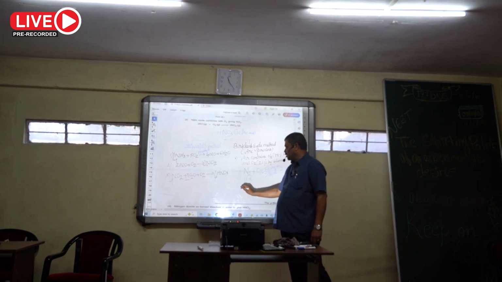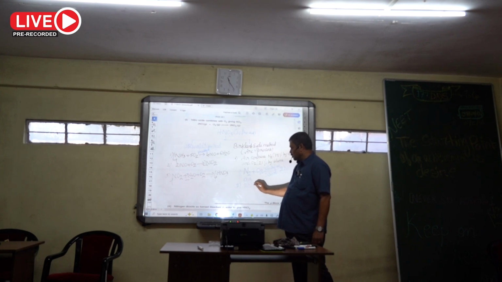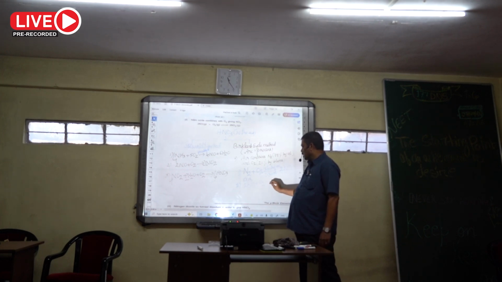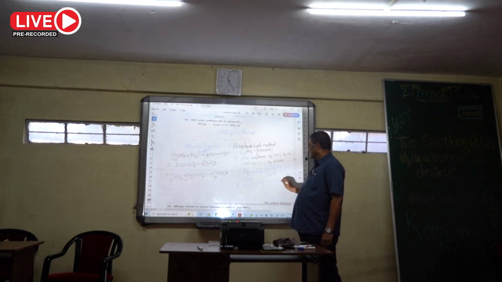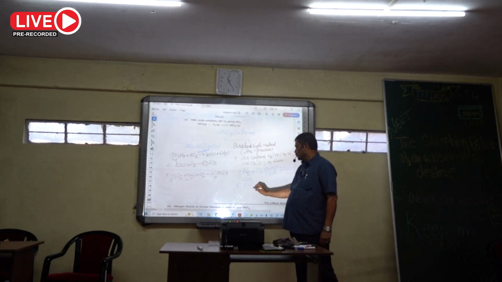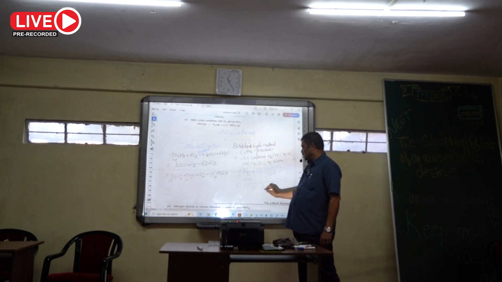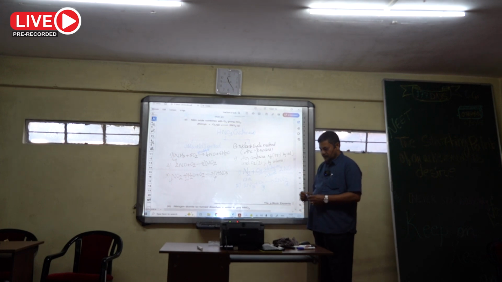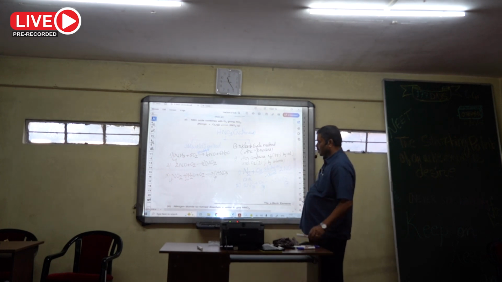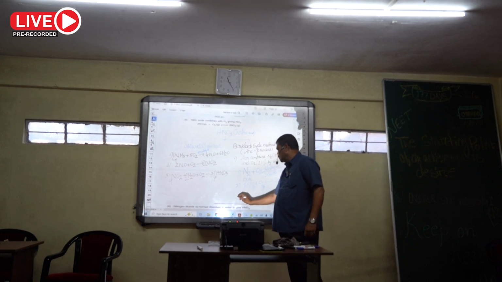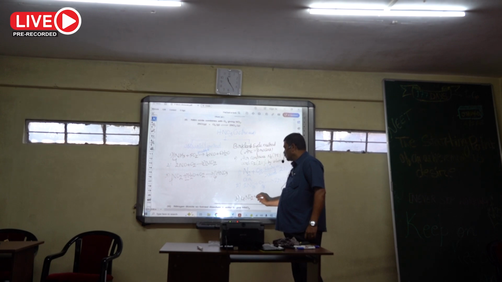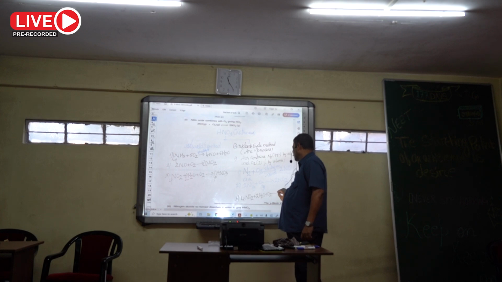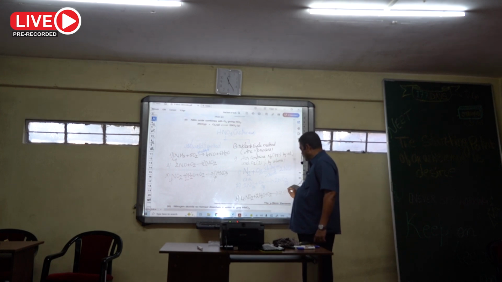Now the second step is same as in Ostwald's. 2NO plus O2 gives rise to 2NO2. Of course, these are all in gaseous state. Last step also same as in Ostwald's. 4NO2, 2H2O, 4HNO3.